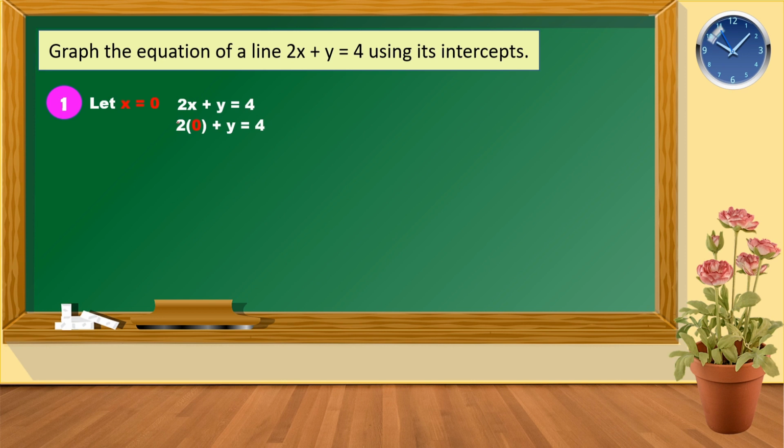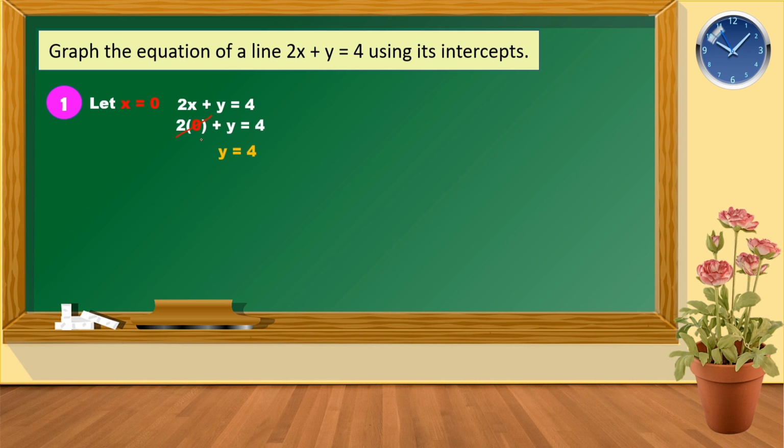So, we have now 2 times 0 plus y equals 4. Okay, next. Since 2 times 0 is already 0, hindi na natin isusulat. Meron ngayon tayong y equals 4.